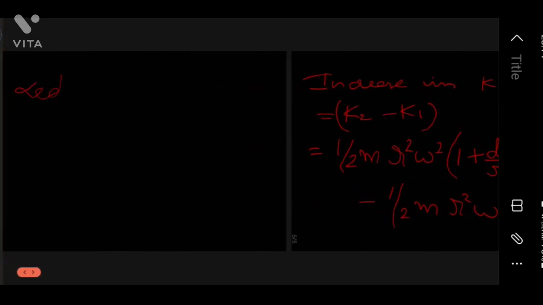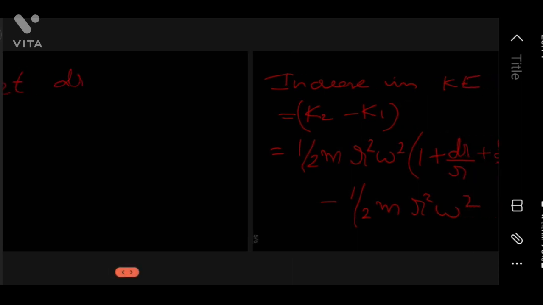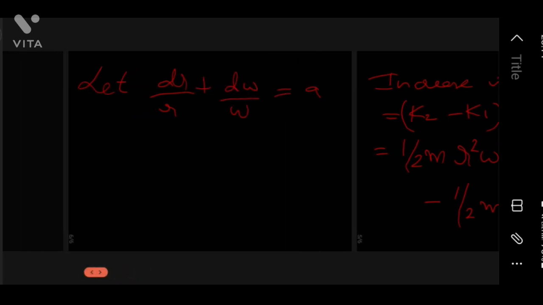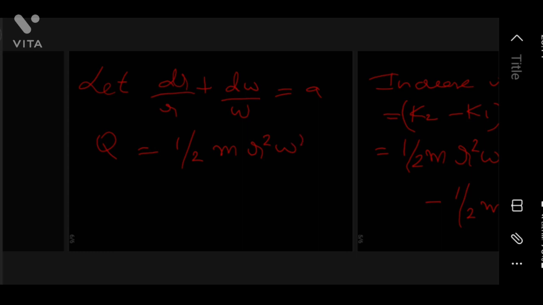Okay, let dr by r plus d omega by omega be equal to a, and q be equal to half m r square omega square.